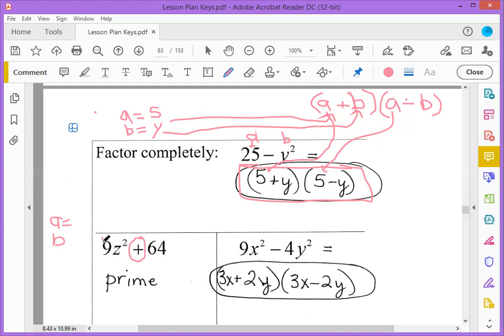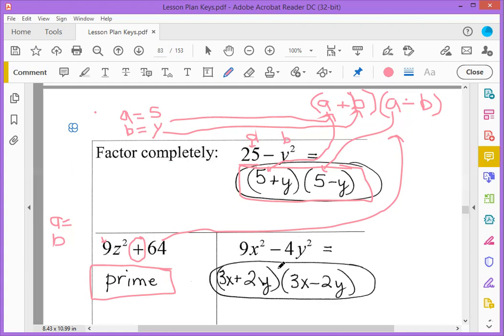Although 9z squared is a perfect square, that's 3z, and 64 is also a perfect square, 8 times 8 gives us 64, the issue is that we have a plus in between those perfect square numbers. So we couldn't factor this using our difference of perfect squares process. This expression would not be able to be factored any further, so we write it as being prime.